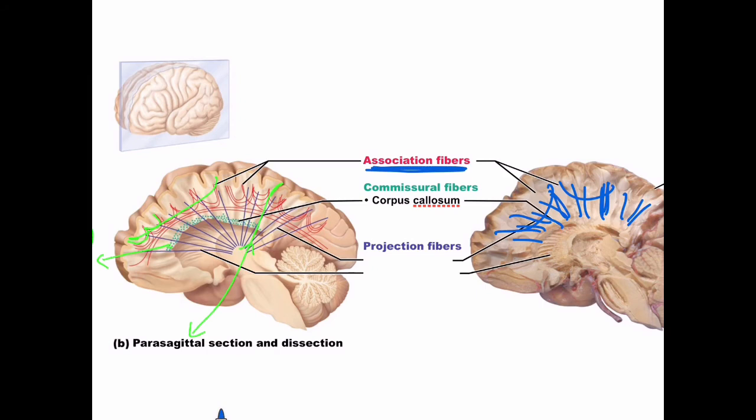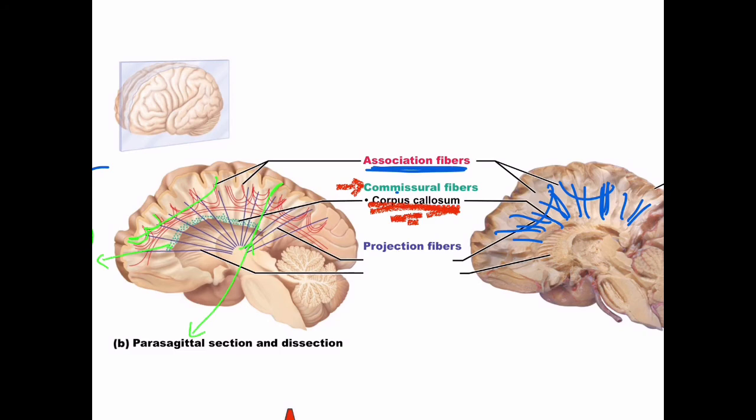The ones talking through the hemispheres are the commissural fibers, and you can remember it's a C word. There's this big area that is developed, and it's one of the really fun ones to do on the dissections. It's the corpus callosum.